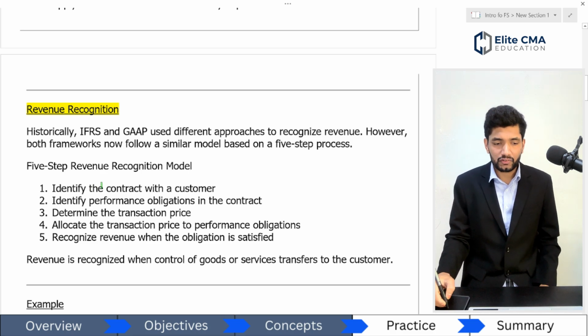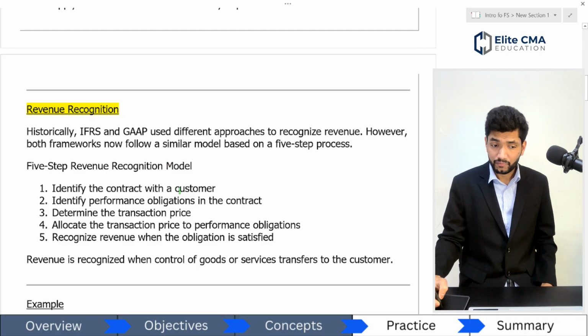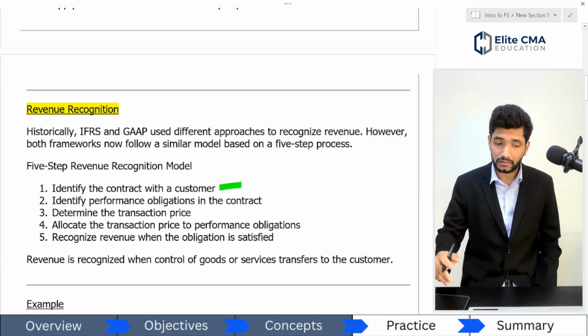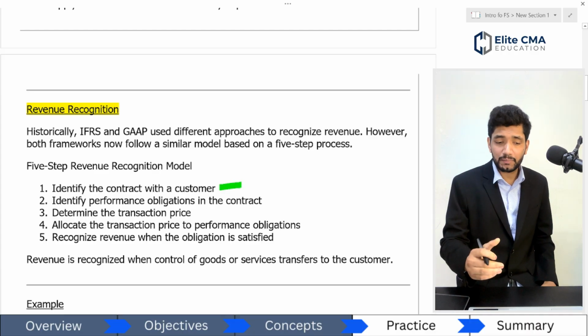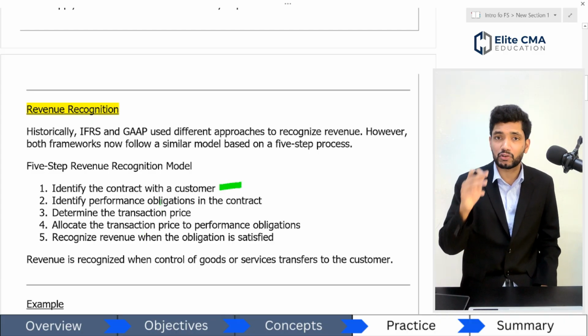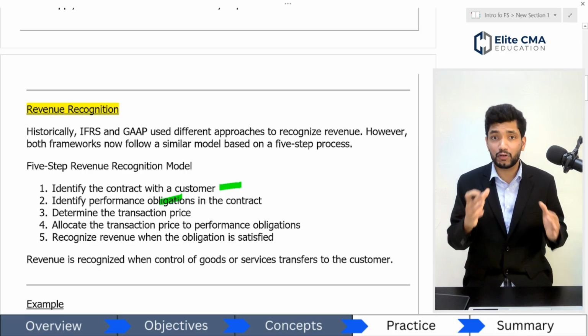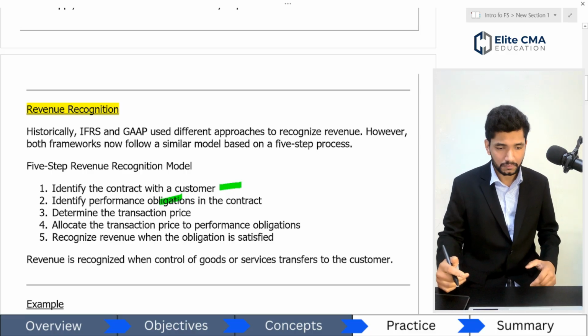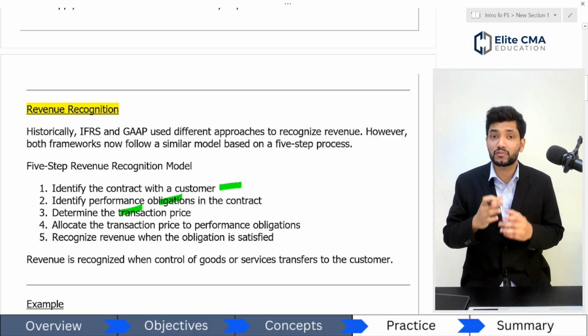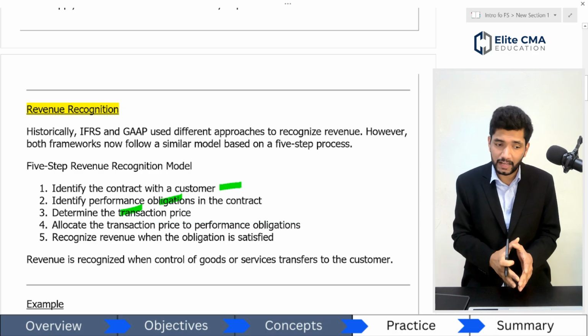In the 5-step process, the first step is to identify the contract with the customer. What is the contract requirement with the customer? And identify the performance obligations within the contract. Identifying that performance obligation is very important. Then determine the transaction price, the agreed transaction price between the customer and the company in this contract.